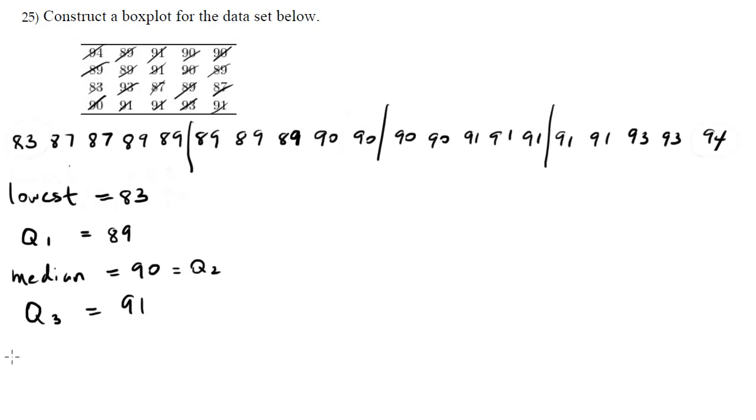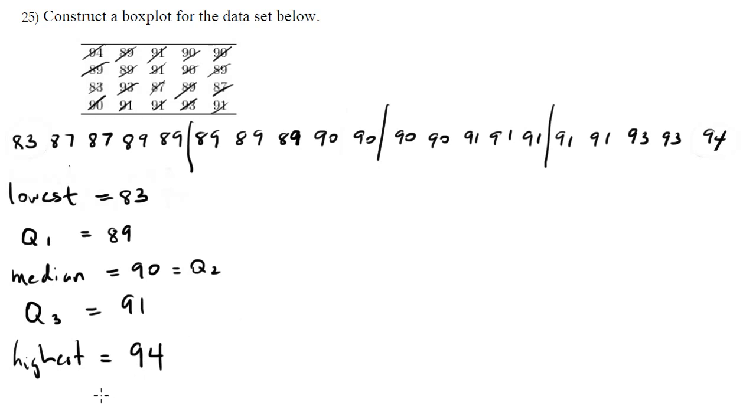And as we know, the highest value is 94. This is called the 5-number summary. Once I have these 5 values, I can go ahead and create my box plot. If you looked at some of the other videos, you might notice I mentioned this 5-number summary when we calculated statistics in the calculator. I'm not going to show that, but it's something we can do there.